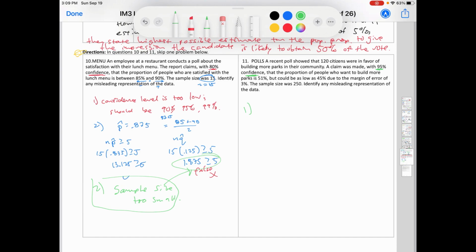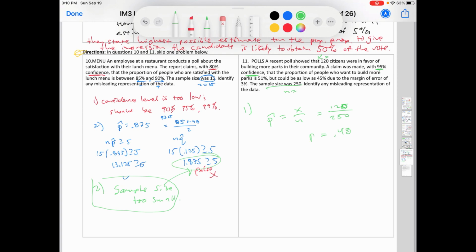Okay, so let's see. They said x equals 120. That's the favorable, right? And n here is 250. So p hat equals x over n, which is 120 over 250. And if you do your math, this will get me 0.48 with a margin of error.